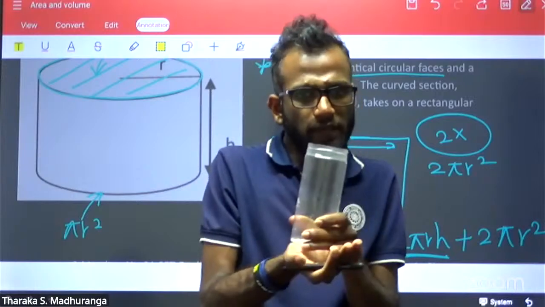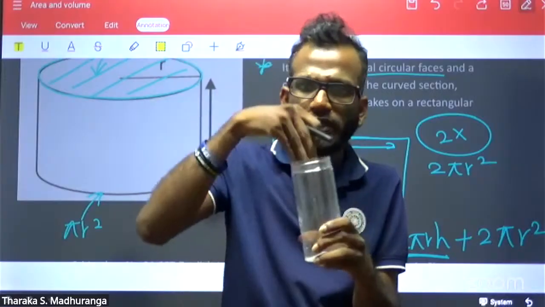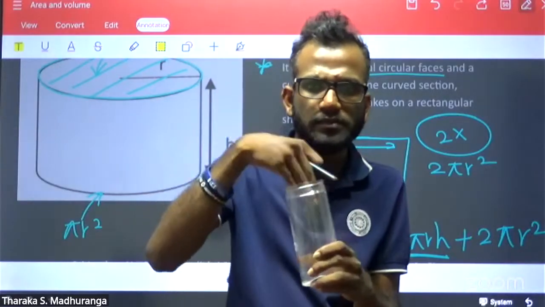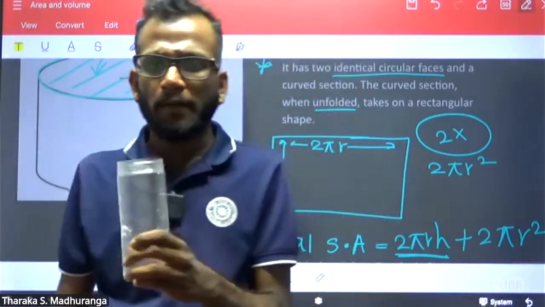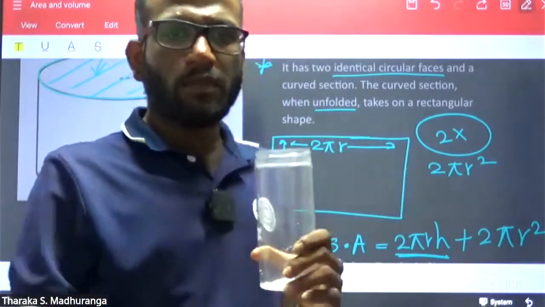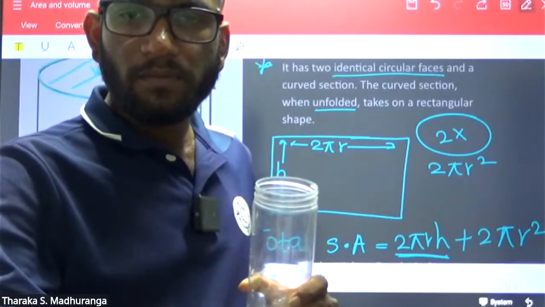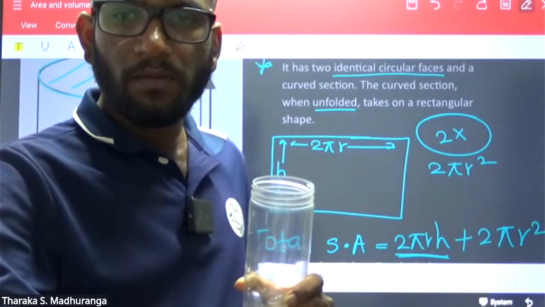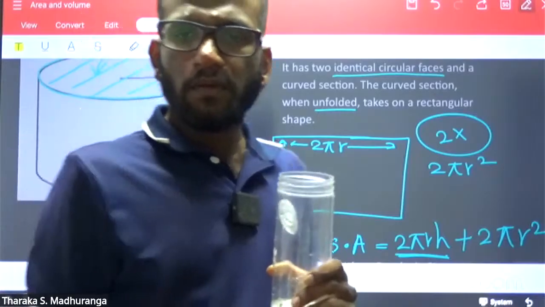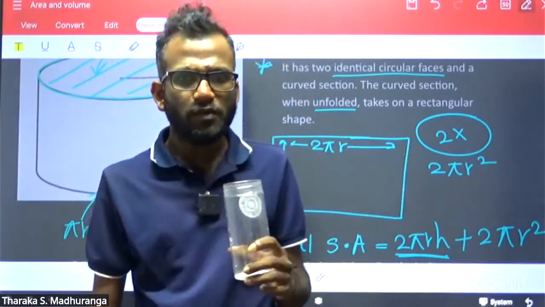It has a base and curved surface. Don't have a lid. How do we get it? Yes, very good. Others, only two answers.